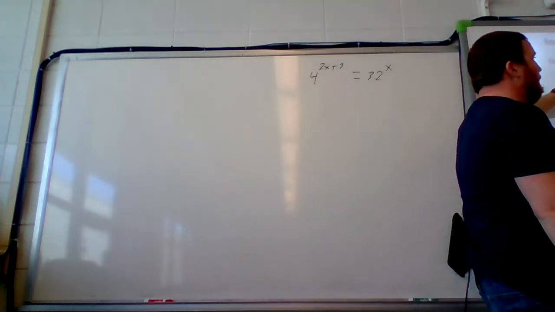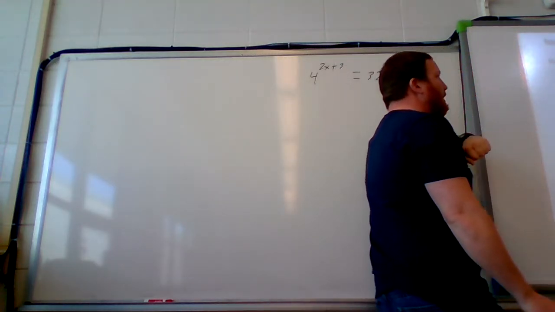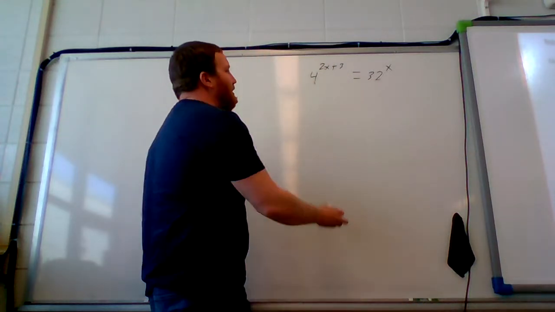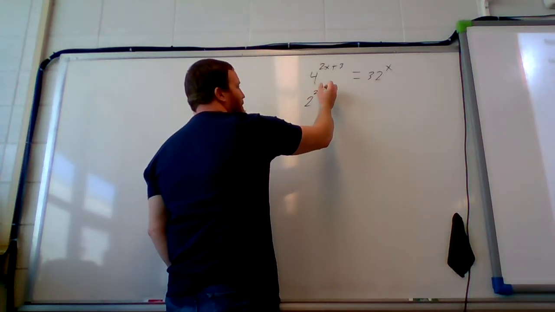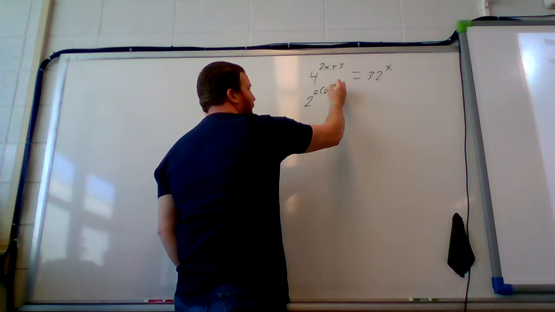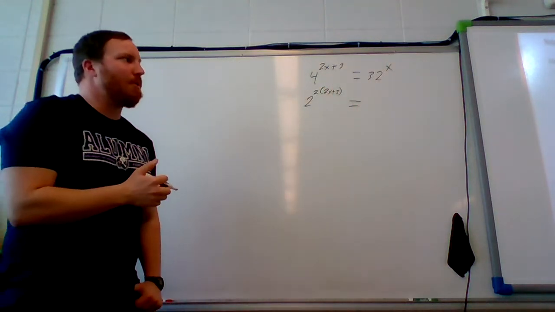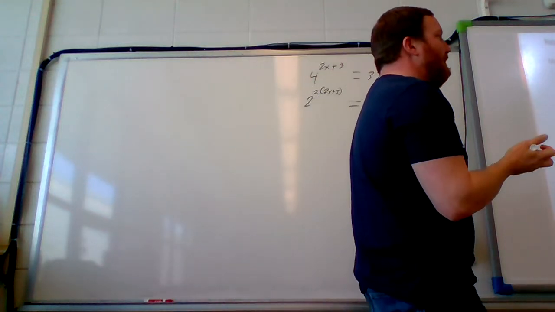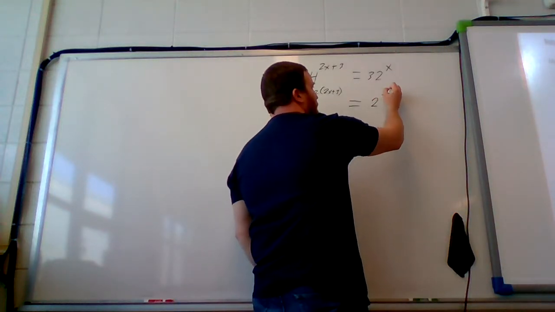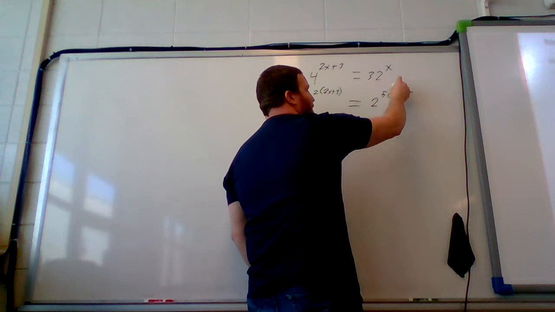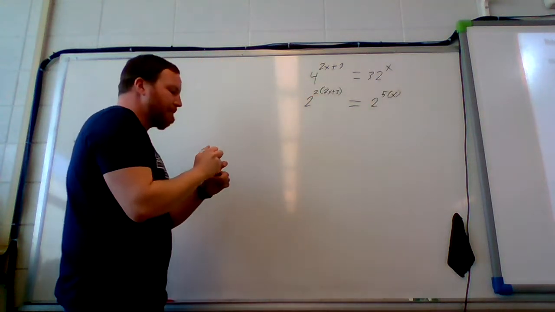Those are both powers of 2. So 4 can be written as 2 to the second power. The 2x plus 3 stays there. And 32 can be written as 2 to the fifth power. And that x as the exponent stays there as well.